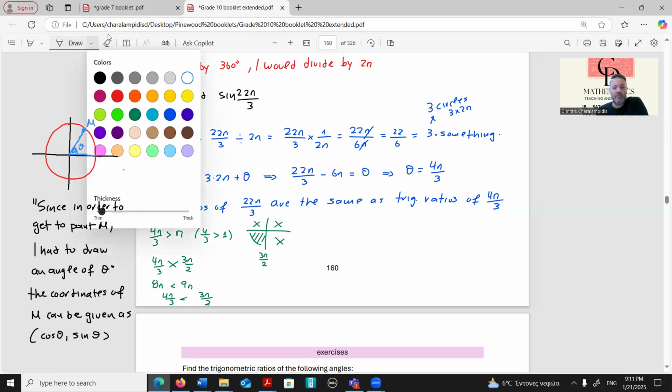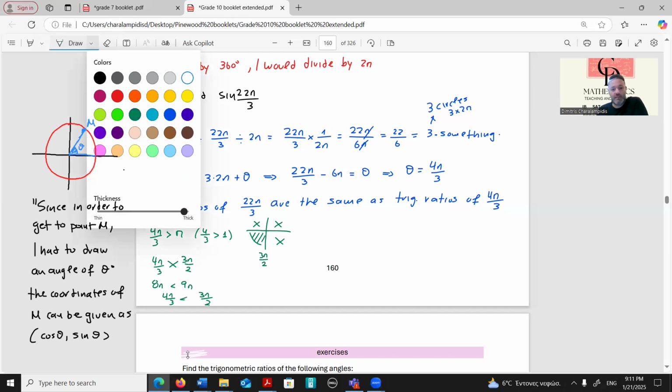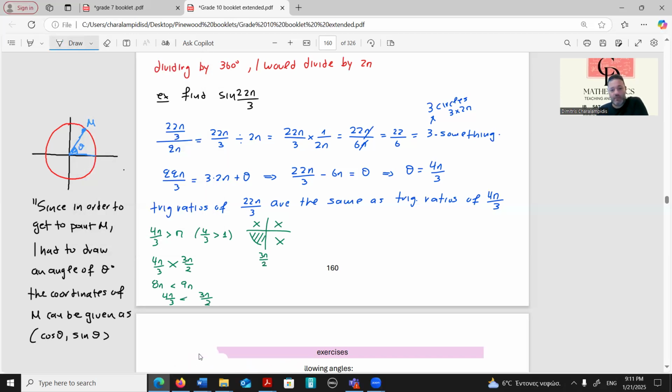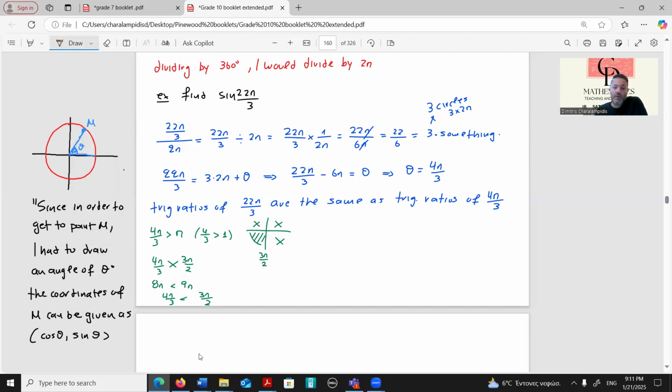And let me firstly give us some space here. And let's change the color. Now, we are on the third quadrant.